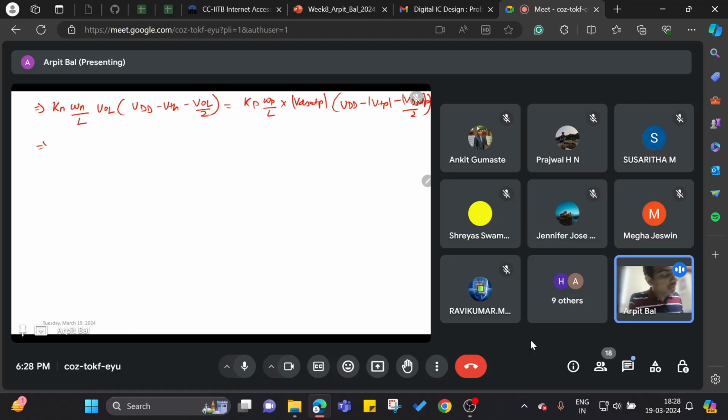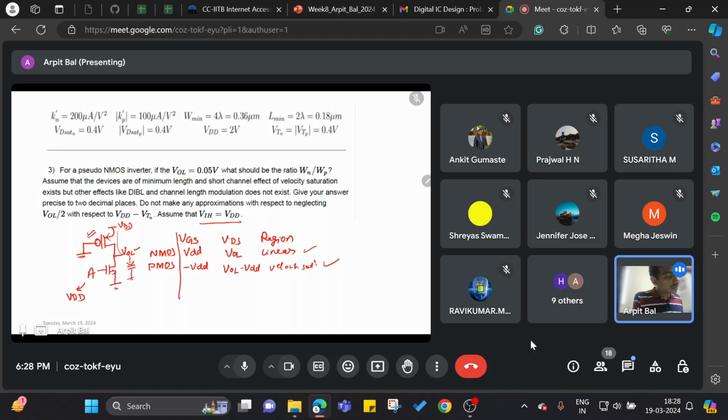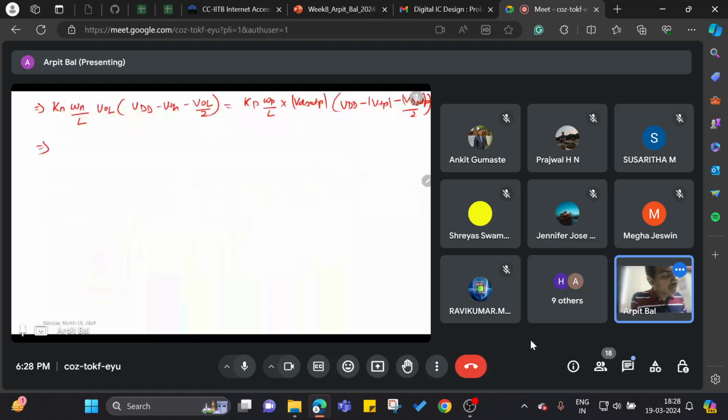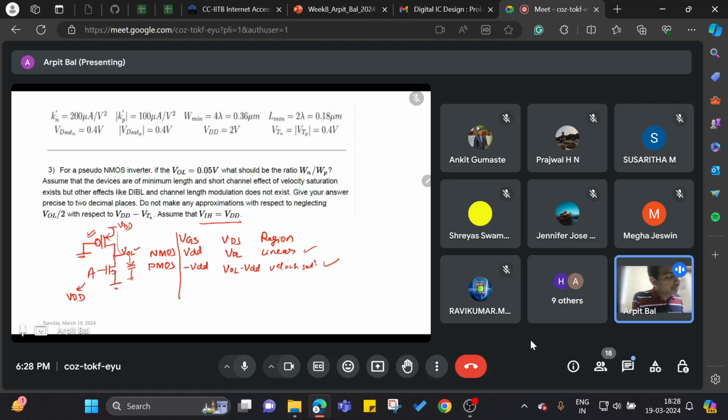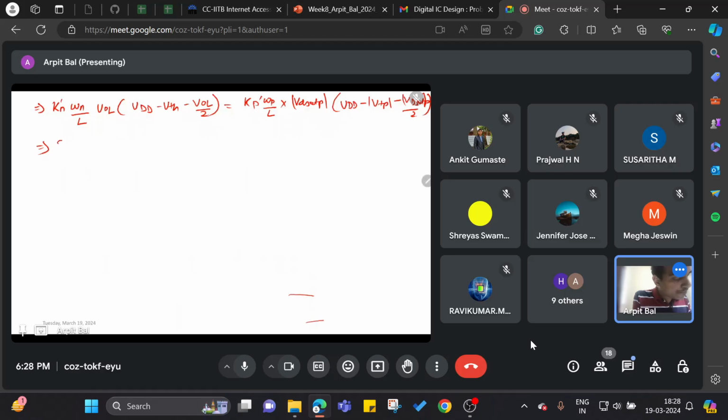Okay, substituting the values. So Kn dash is 200 micro and Kp dash is 100 micro. So 200 into Wn.